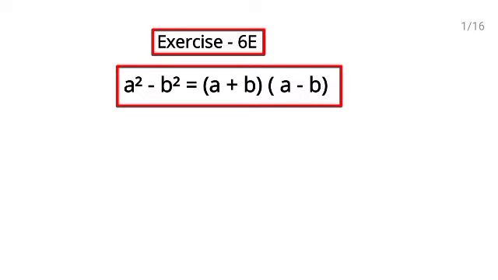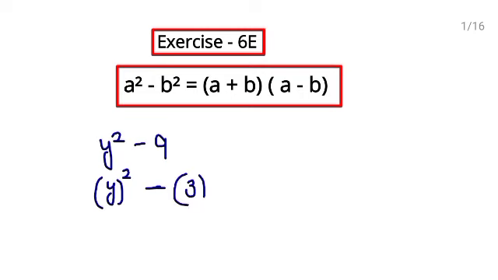Let's check. For example, if you have y square minus 9. First of all, you will write it in the form of difference of squares, right? Difference of squares means y square minus 3 square. 9 can be written as 3 multiply 3, it means 3 square, right?